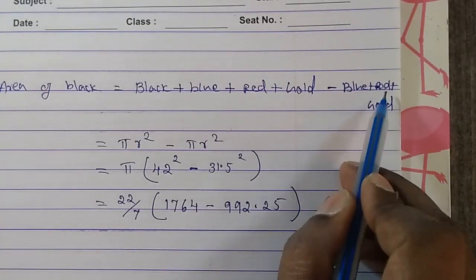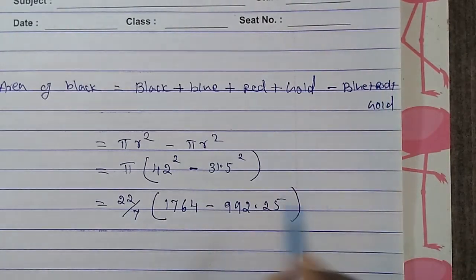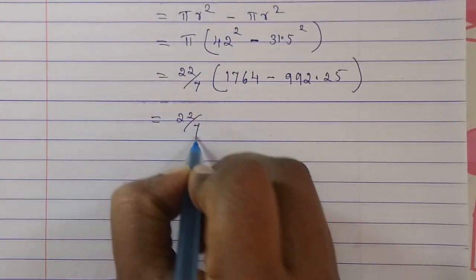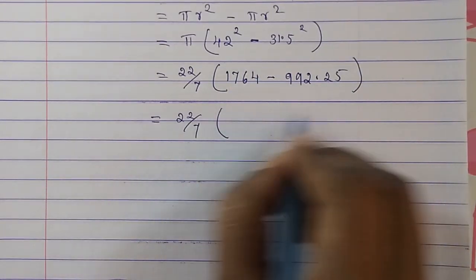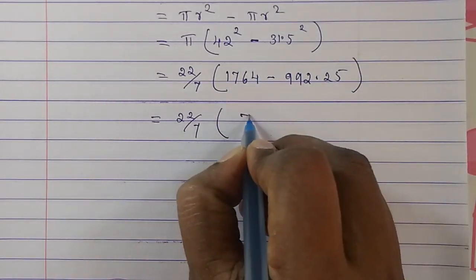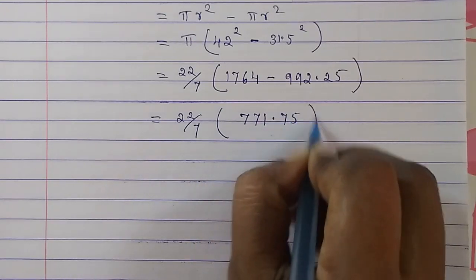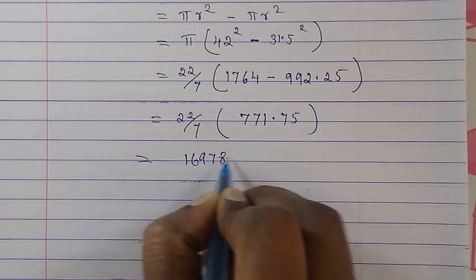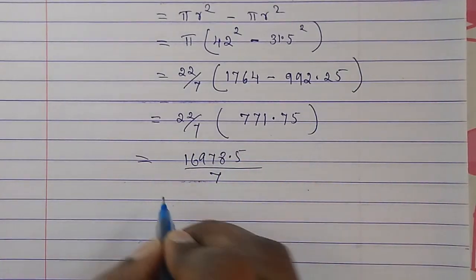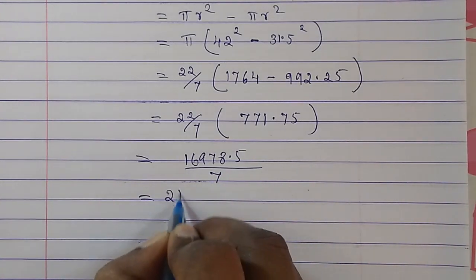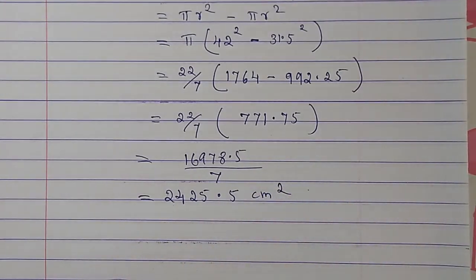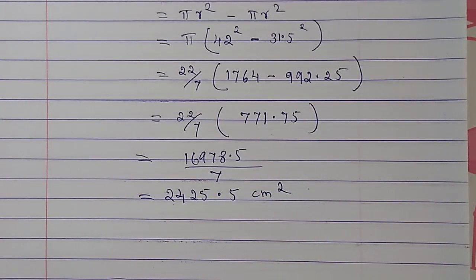See, blue, red, gold, radius you have already done it, so same thing you can put and the same answer you can write down. So now 22 upon 7. From here if you minus, we will get 771.75. So now with 22 you multiply, you will get 16978.5 divided by 7. You will get 2425.5 centimeter square.